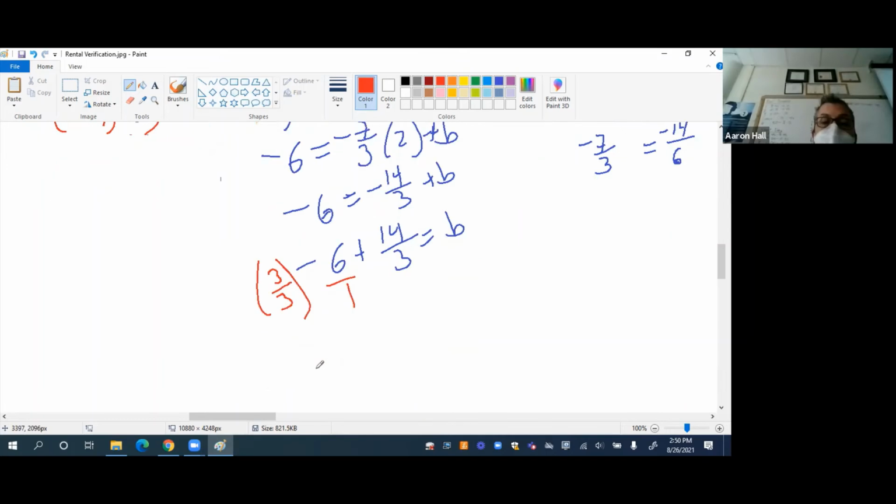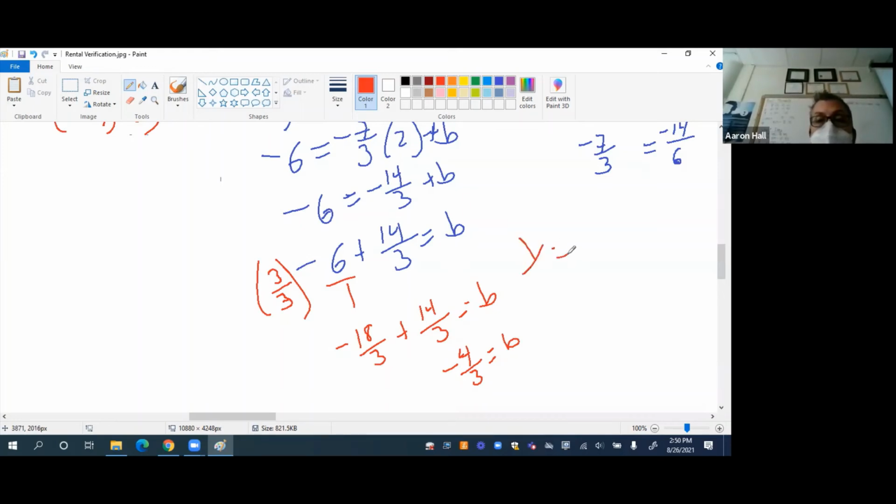And so that's going to give us negative what? Over 3 plus 14 over 3 equals b. And then -4/3. Was that the same b that we had before? You remember?